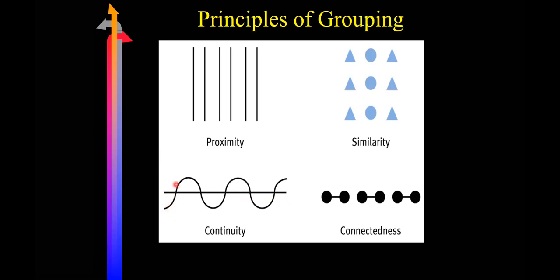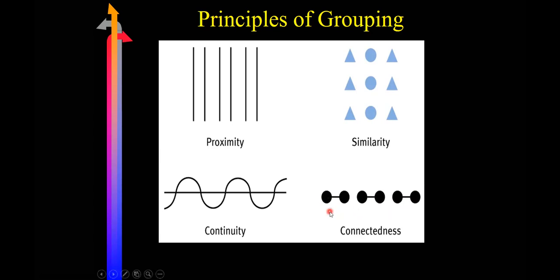Okay. Then there is also the principle of connectedness. Where stimuli appear to be connected, we assume them to be part of the same object. So when we show people this diagram here, most people will say, well, I see 3 objects, 3 dumbbells or something like that.